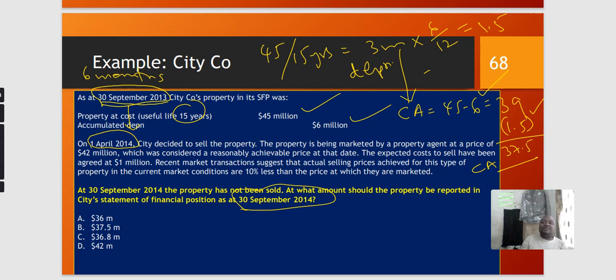Then let's move on. The property is being marketed by a property agent at a price of 42 million, which was considered a reasonably achievable price at that date. The expected cost to sell has been agreed at 1 million.